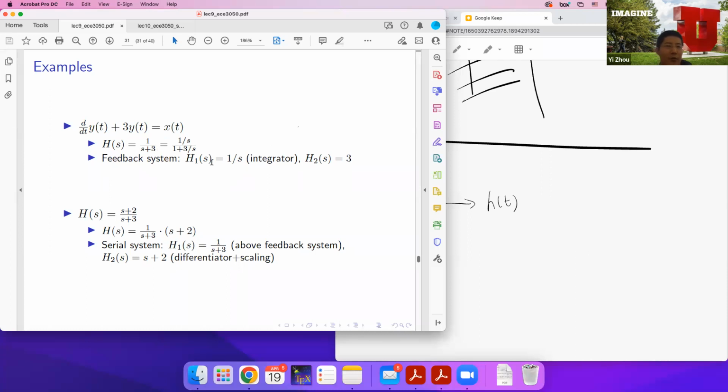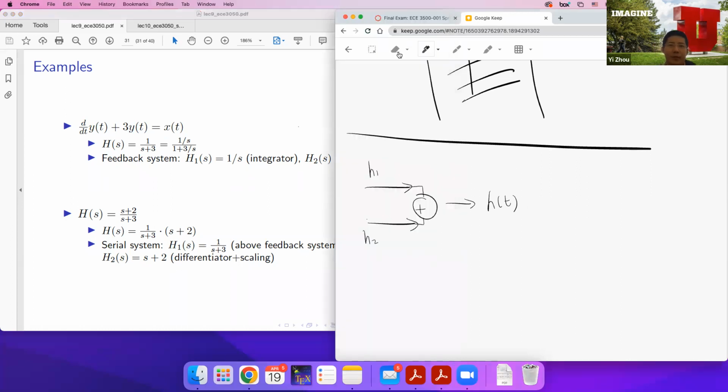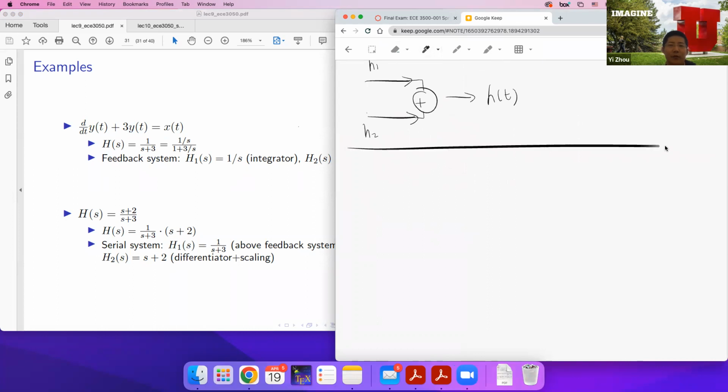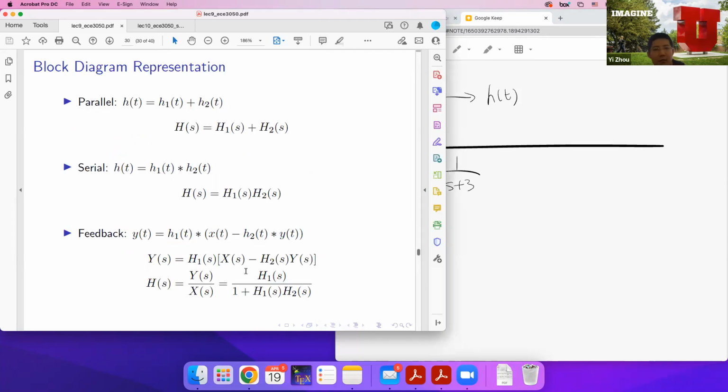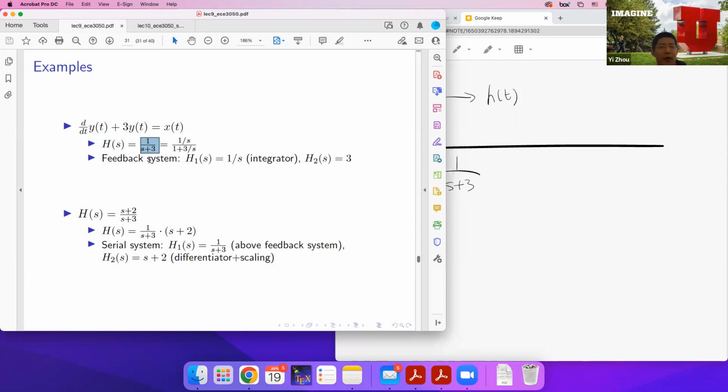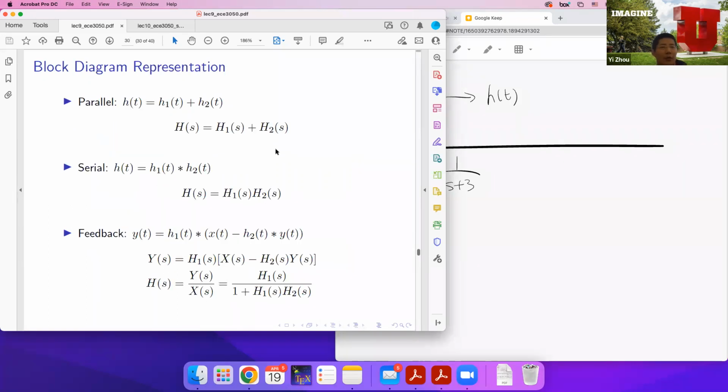And this can be viewed as a feedback system, in the following sense. Because it's a fraction, it falls into this general form.